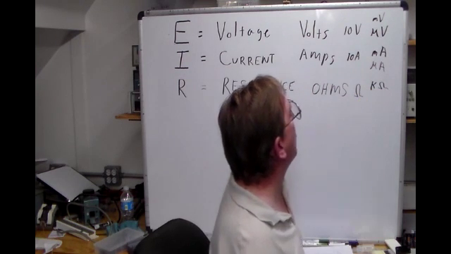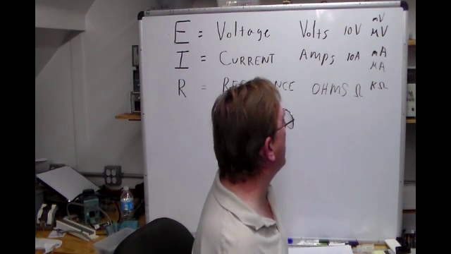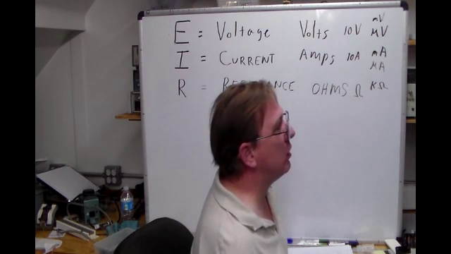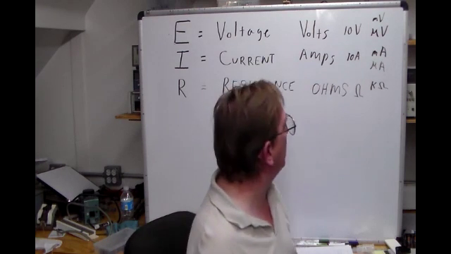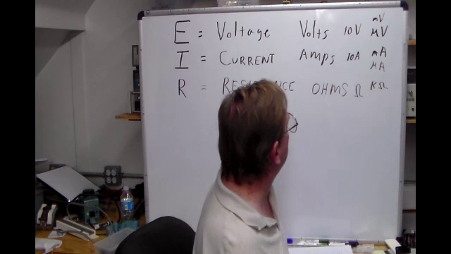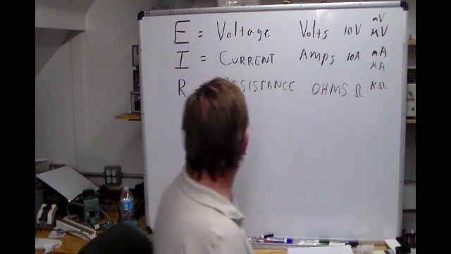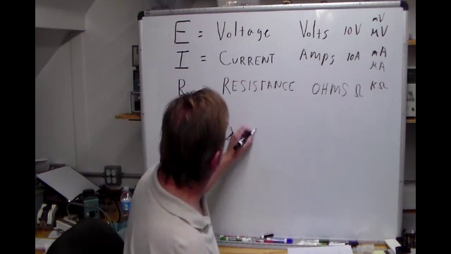You have k-ohm, kilo ohms, thousands of ohms. And maybe mega ohms, but most everything will be kilo ohms. So there you go. Now let's get to Ohm's law itself.